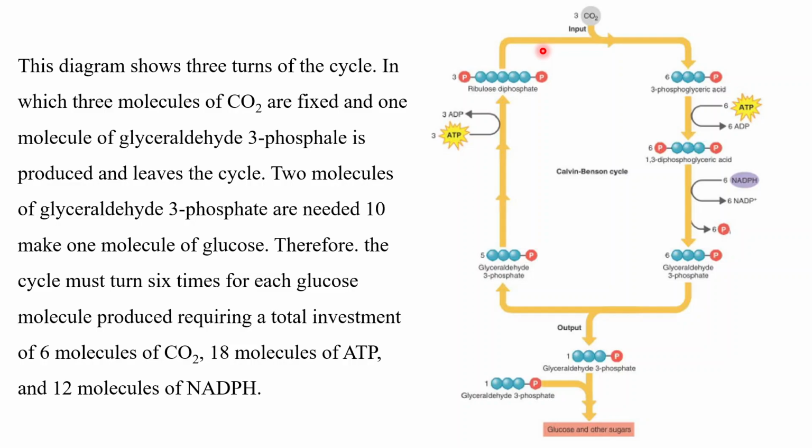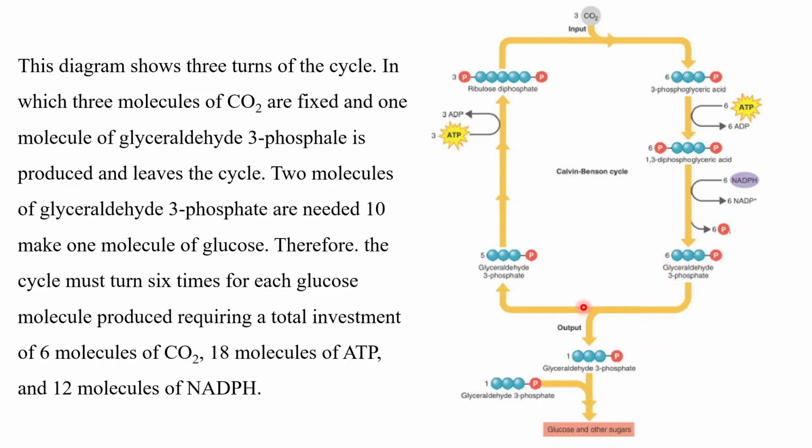So Calvin cycle is basically the incorporation of CO2 into RuBP to form glyceraldehyde 3-phosphate. That is the Calvin cycle.